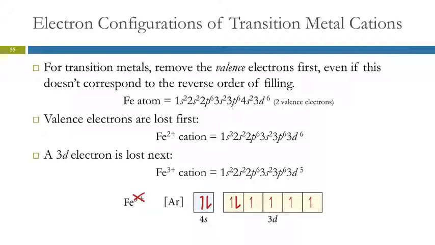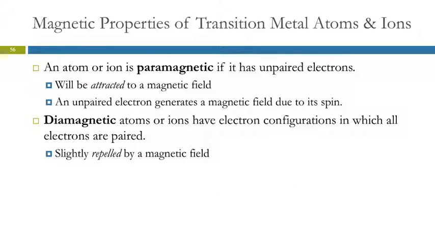It's the unpaired electrons that cause it to be attracted or influenced by a magnetic field. Those unpaired electrons generate magnetic fields because of their spin. A charge spinning generates a magnetic field, and that will interact with other magnetic fields. A diamagnetic atom, or ion, has all of the electrons paired up, and this will be slightly repelled by a magnetic field.